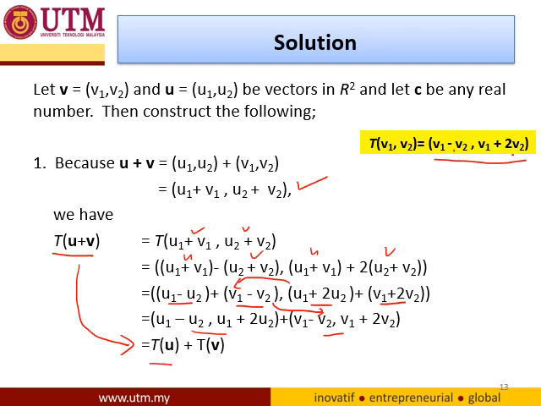So here you can say that this is actually the transformation of U. If you just transform U, you have U1 minus U2, U1 plus 2U2. You can look back at our previous slide, and this is just the transformation of V, where V1 minus V2, V1 plus 2V2 is the same if you just transform it.